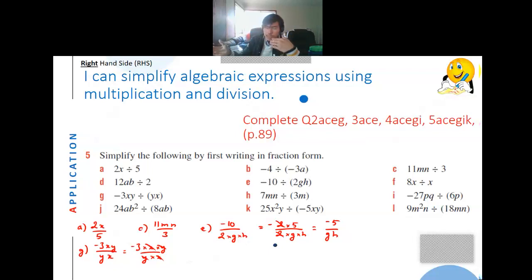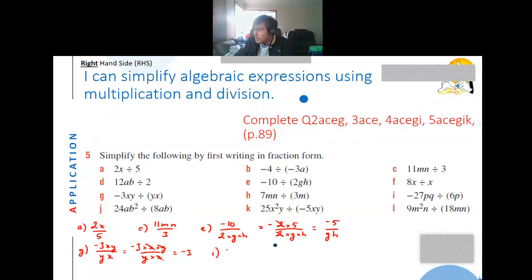It really doesn't matter whether you have x and then y or y and then x, as long as you can see that there's both an x at the top and at the bottom, and there's two y's, one at the top, one at the bottom. You can cancel them. So the only thing we have left is negative 3. There we go.